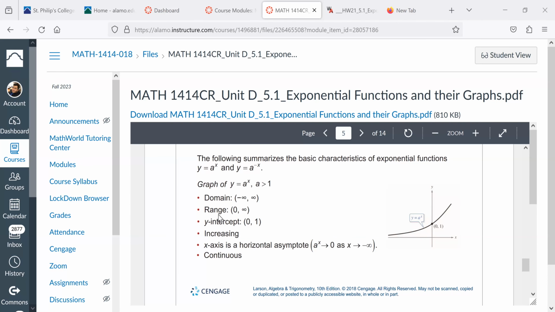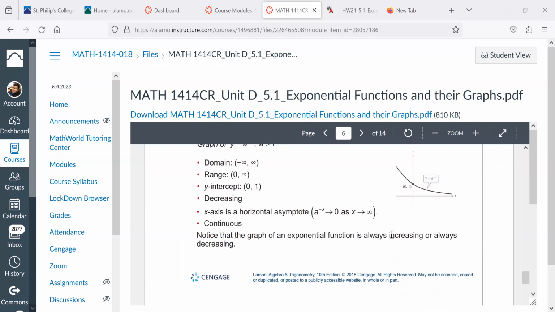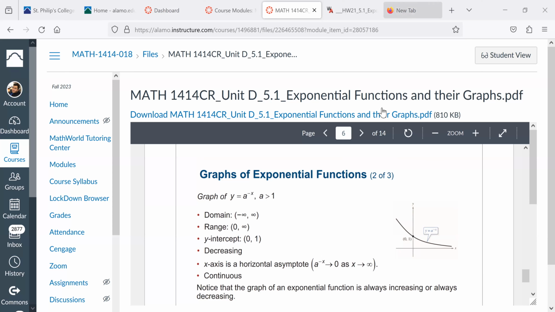Okay. Now, a to the x or a to the negative x. If it's negative, then it's just reflected the other direction. So let's do some quick graphs here.